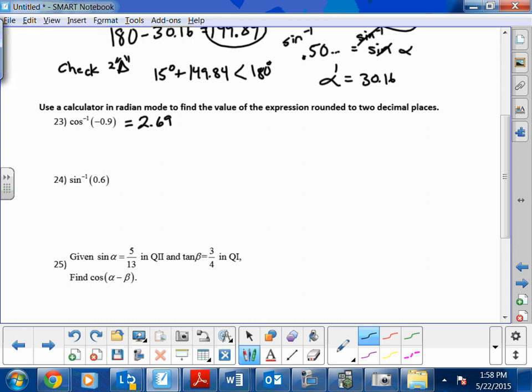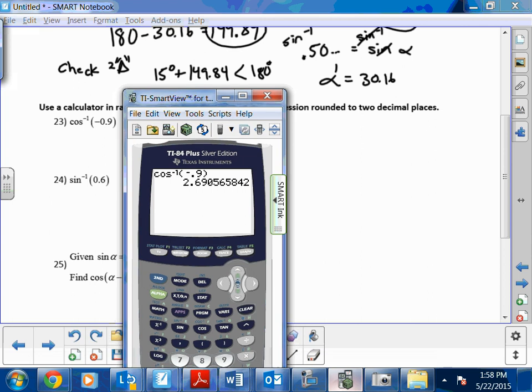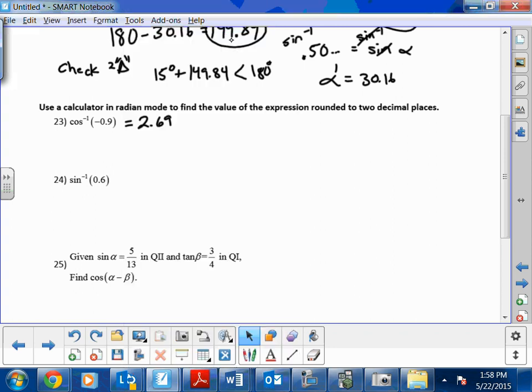Let's do the other one. I know you all must be loving these because these are fairly simple as far as what's required. Sine inverse of 0.6. So 0.64 in this case. So the next one would be 0.64.